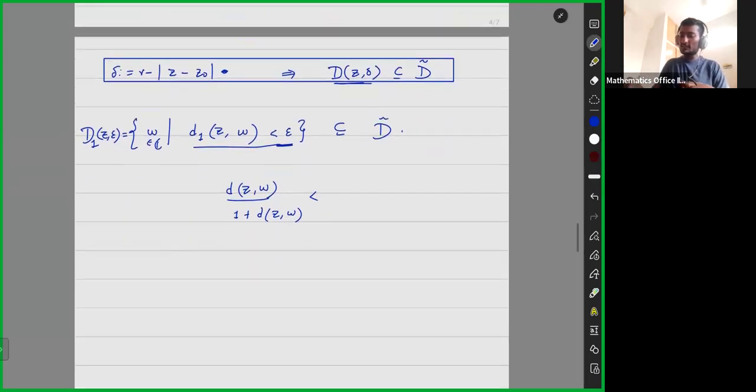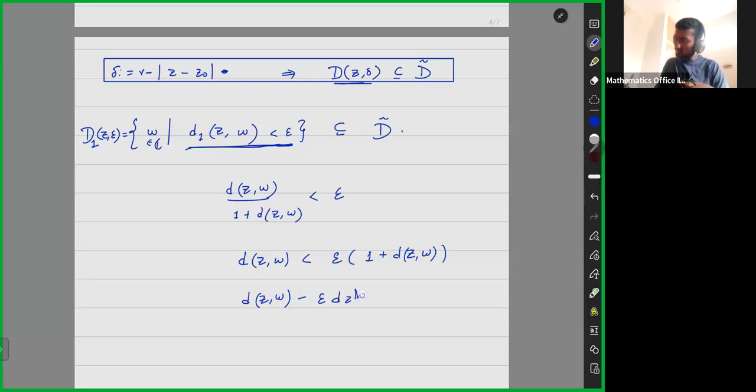Right, we want to calculate epsilon, so we will solve for epsilon. So this is less than epsilon. Now d(Z,W) is less than epsilon times (1 plus d(Z,W)). From here we get d(Z,W) minus epsilon d(Z,W) is less than epsilon.